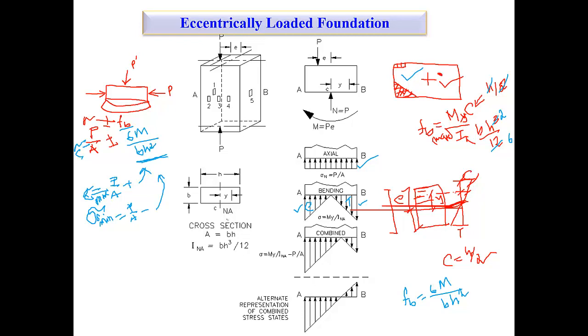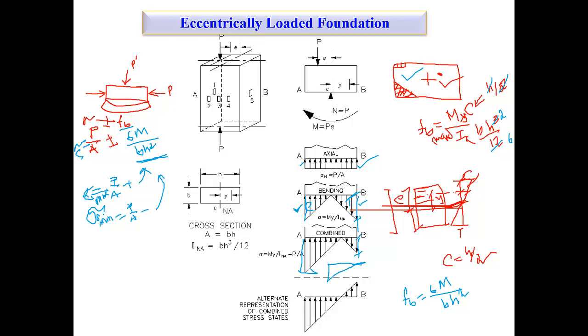Because this is compression and this is also compression, right? So if you add this one and this one, you get the maximum. While it is tension maximum, you reduce from the compression. So it is negative, minus something, so this is tension. You do not consider tension in the footing. So we draw the stress diagram like this, and this portion we keep empty.